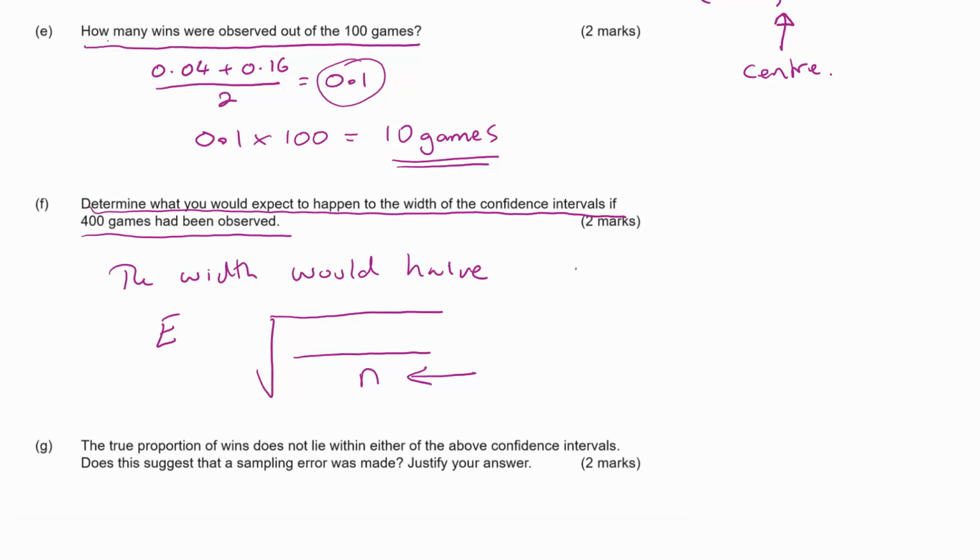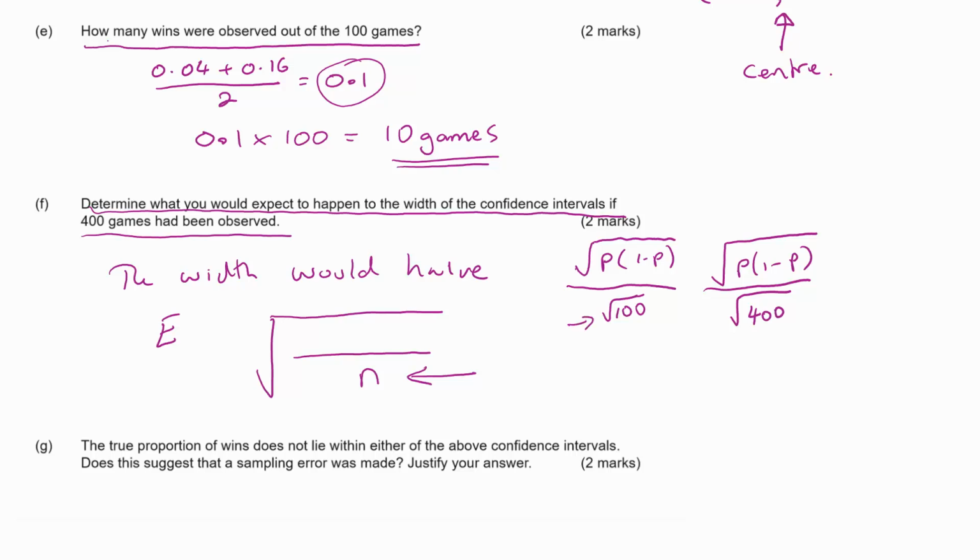So in the calculation, you would end up with root p(1 minus p) over root 100 for 100 games, and you'd have root p(1 minus p) over root 400. And we know that that is 10 and that is 20. So therefore you get half of the width.